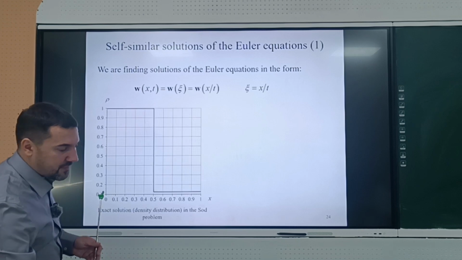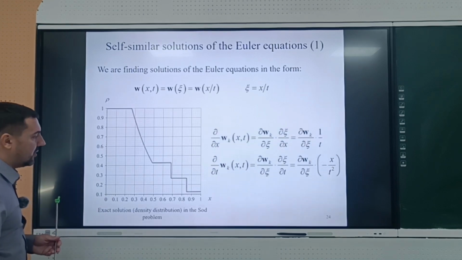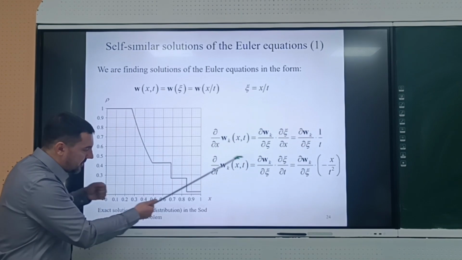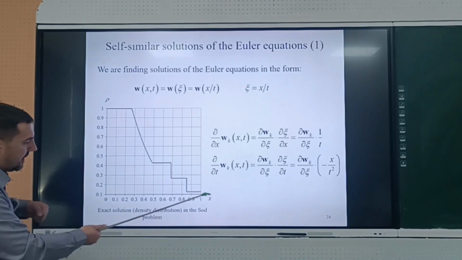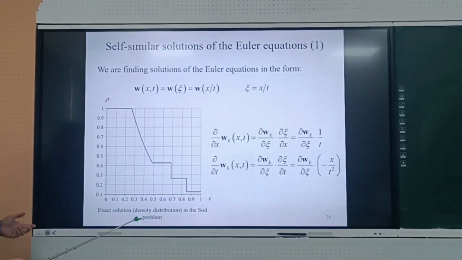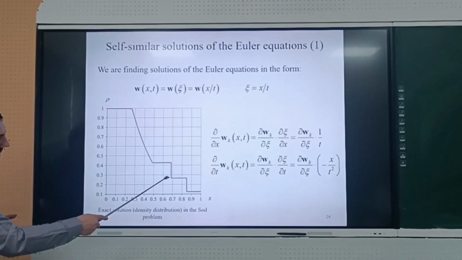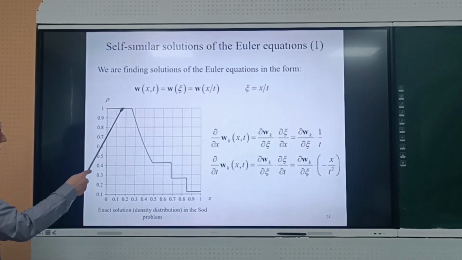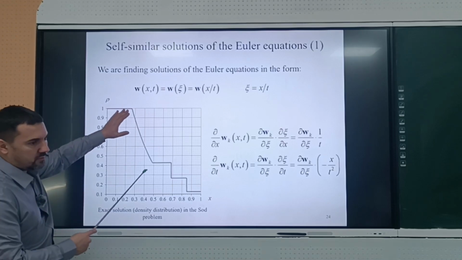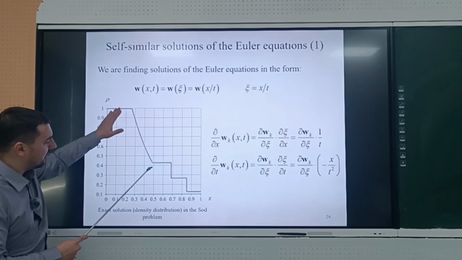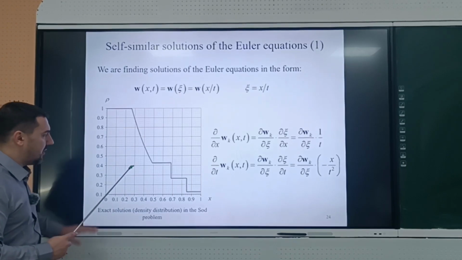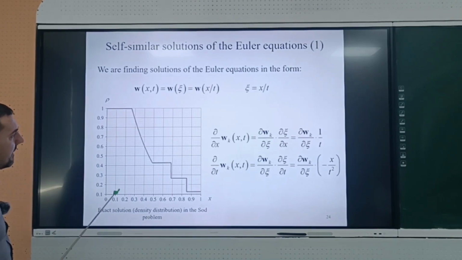From a practical point of view, it means that your solution of the Riemann problem stretches in the x direction, but the structure remains the same. So this is a shock wave, this is a contact wave, and this is the expansion wave, and actually this is a simple wave, and we want to know how to describe the solution here. That's our current goal.